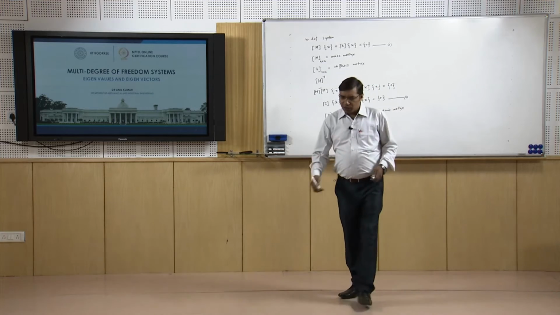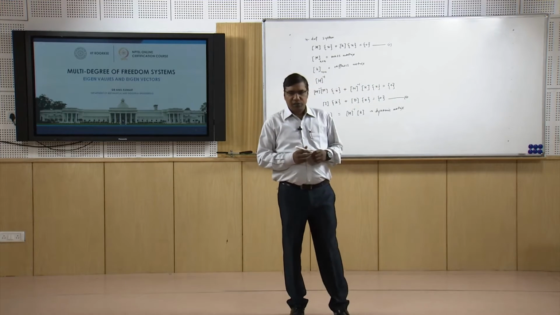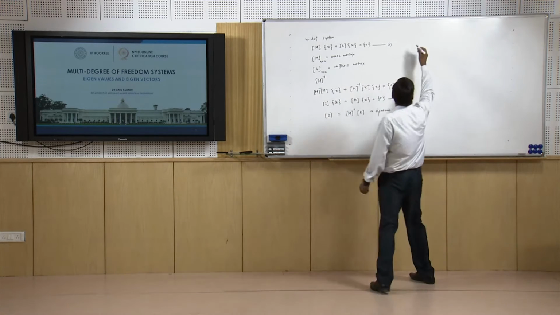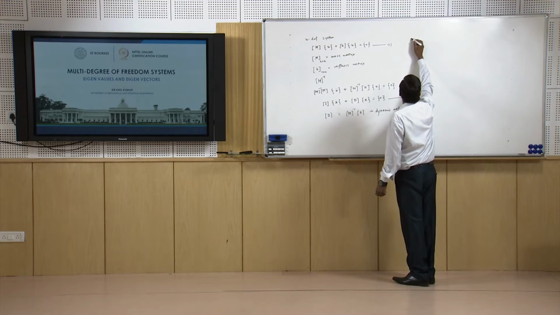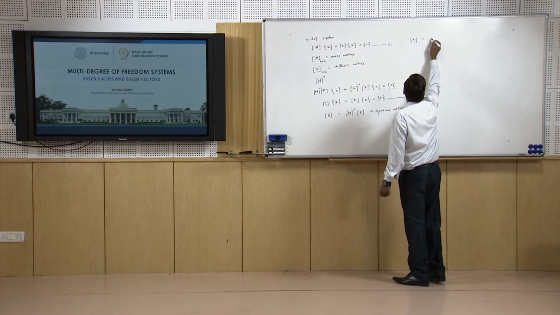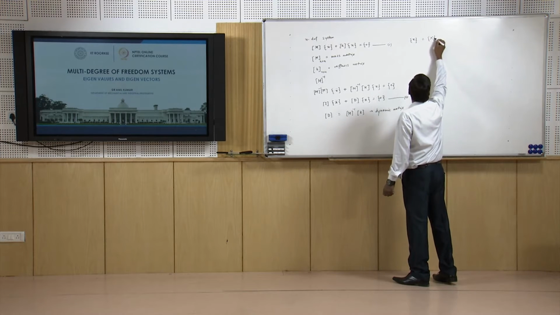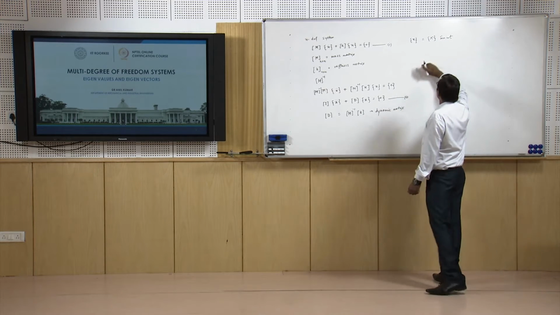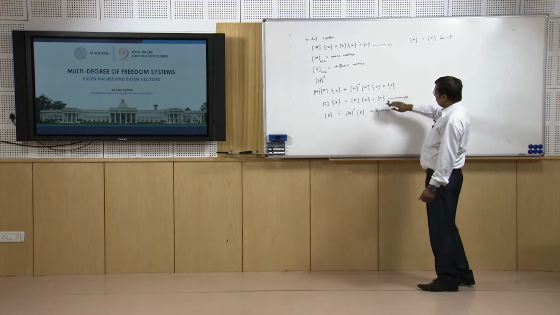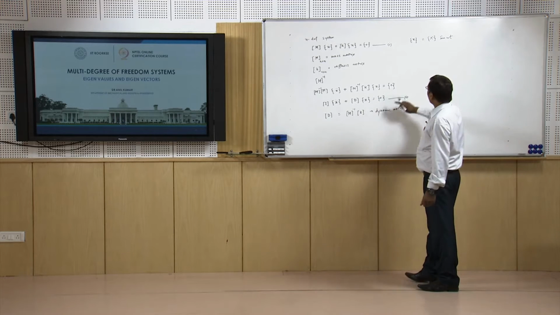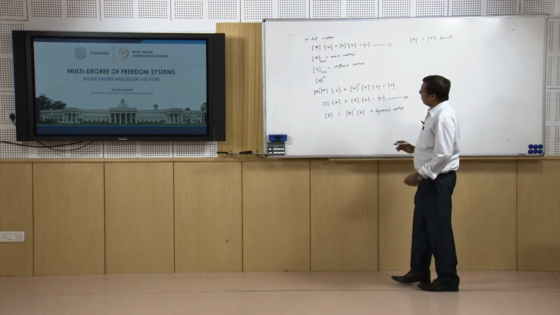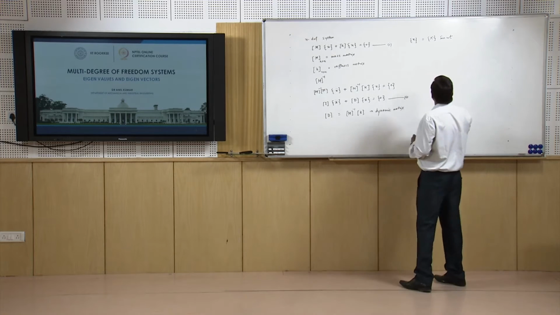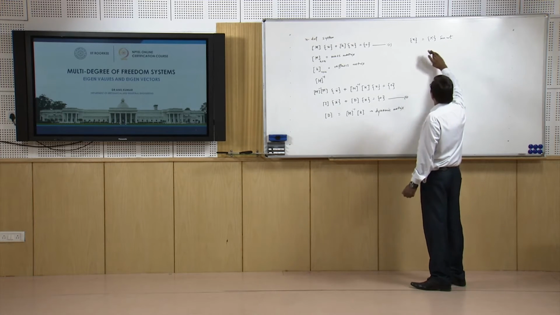We can think of a solution of this equation as x equal to capital X sine omega t, where x is the displacement vector, and capital X is the amplitude vector of the displacement, and omega is the frequency.